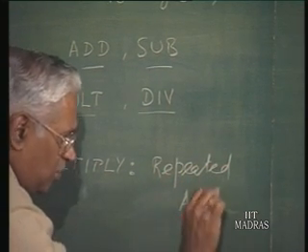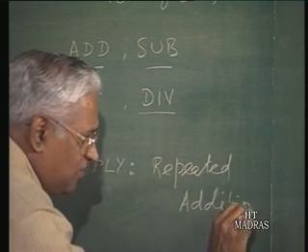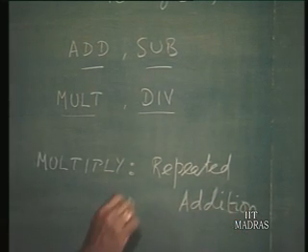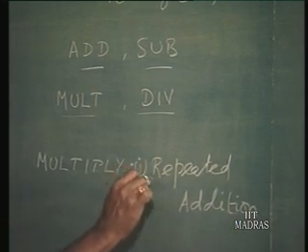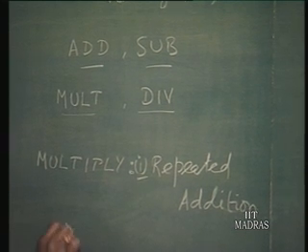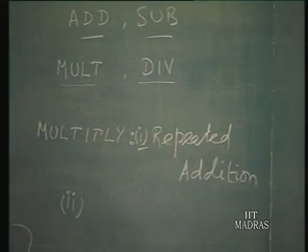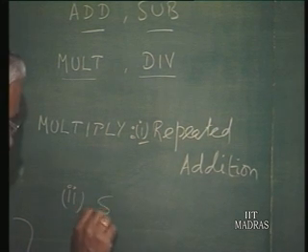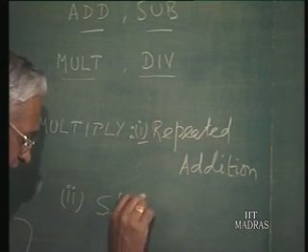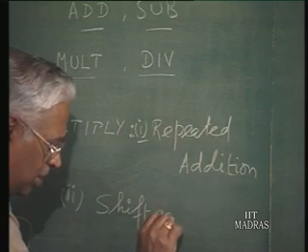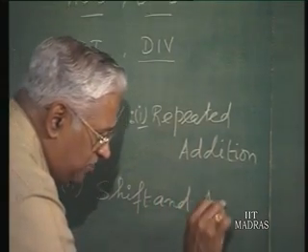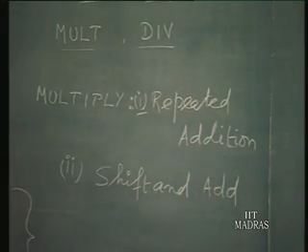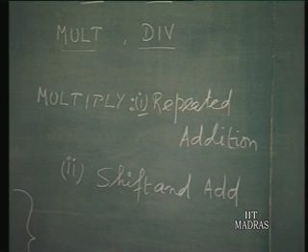Now, this is one what we call an algorithm. Now, instead of repeated addition, for instance the usual paper and pencil method with which you are familiar, what is that? That is the shift and add algorithm or method.